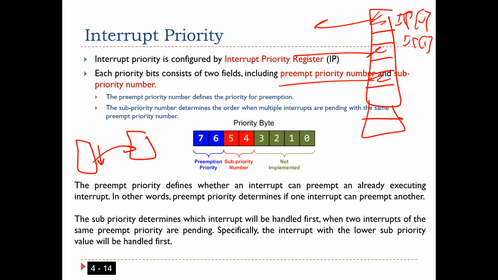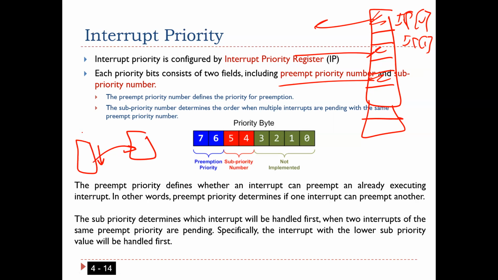You know what I'm saying? I'm executing an interrupt. I didn't finish it yet, but there is another interrupt coming from somewhere else. Should I leave and go, or should I wait until I finish and then do this one? Which one do I have to do? Who's going to tell? The preemption priority.